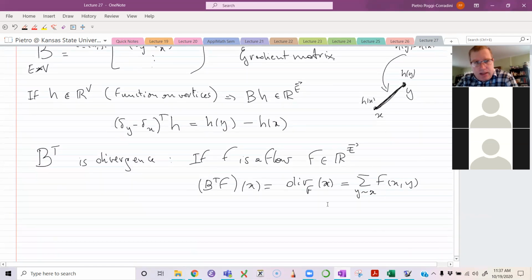Now the transpose of B is the divergence. In other words, it takes a flow, which is a function on the edges, and gives you its divergence, which is defined as the flow out of x. To see this, maybe the best way is to just do the sigma notation.